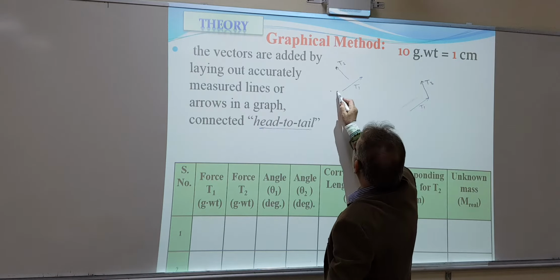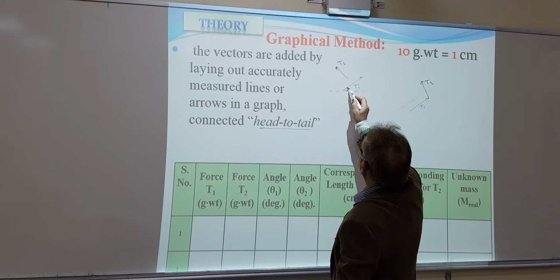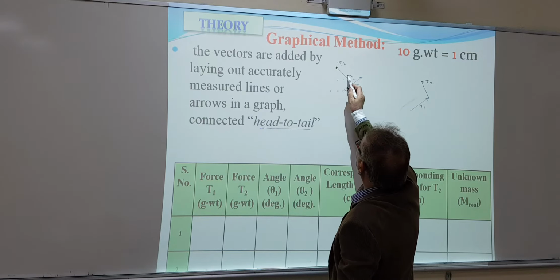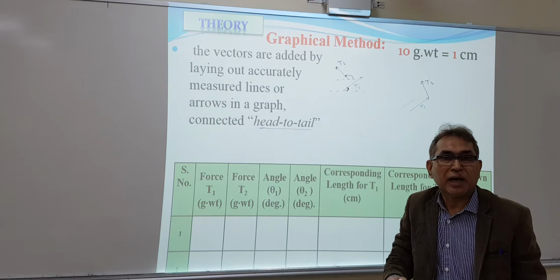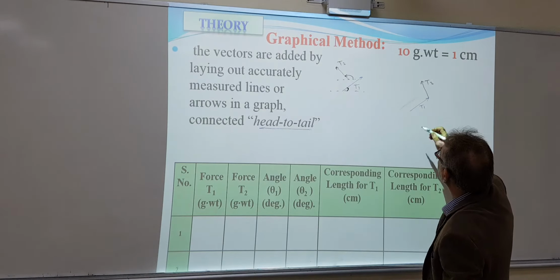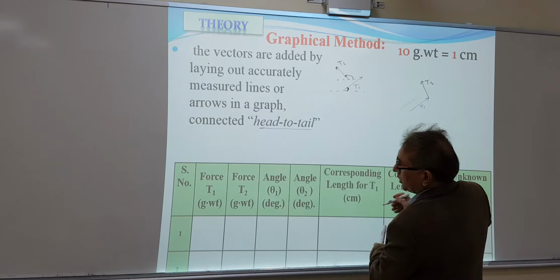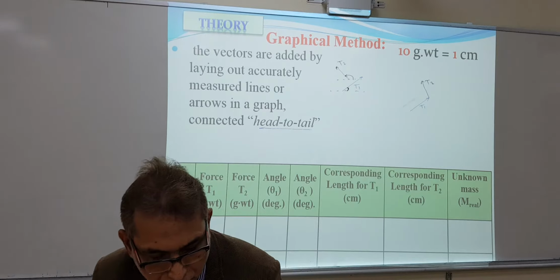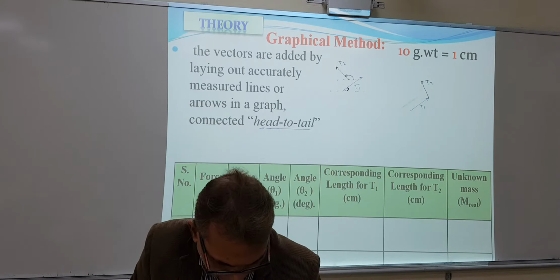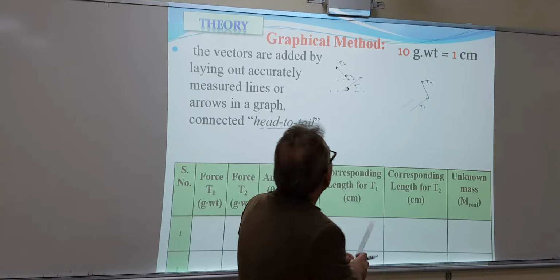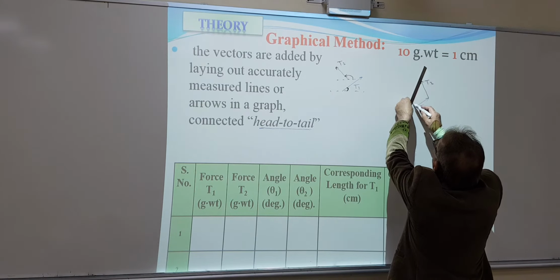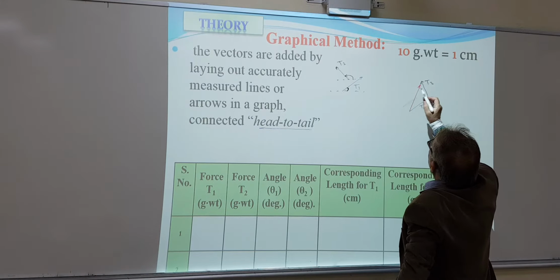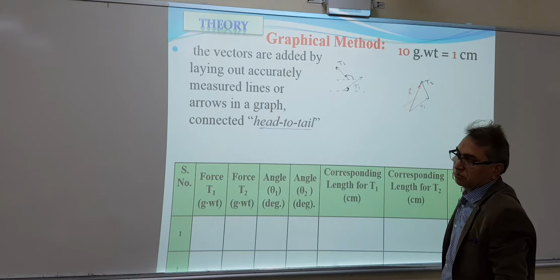For example, if this is angle theta 1 and this is angle theta 2, you have to make the same angles, otherwise you will have a very big error in the measurement. What we do finally, we connect this beginning up to the end like this, right? So this will be your resultant.